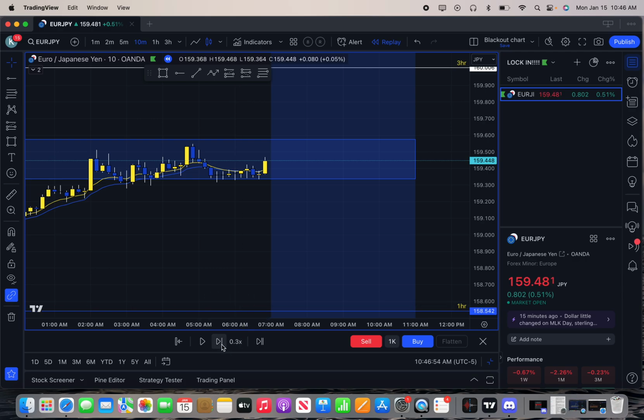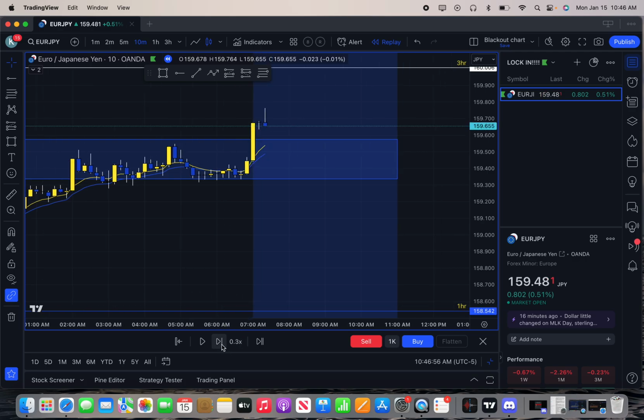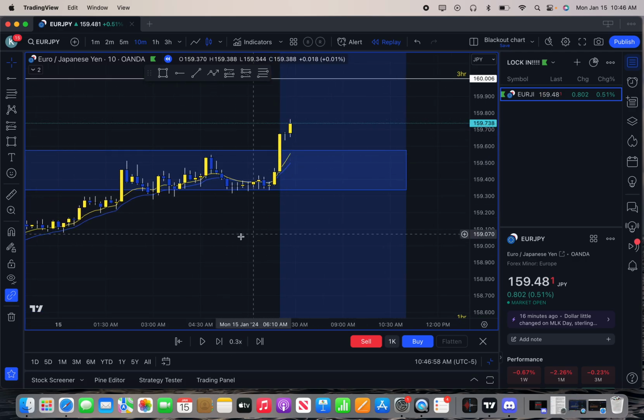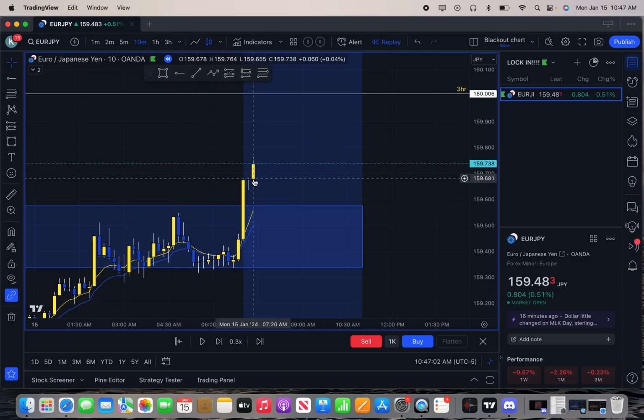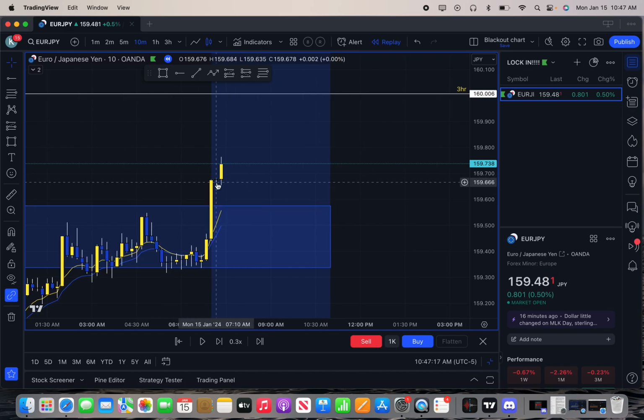Now we got here like a couple minutes ahead, right? So what we see right here is it is about 7:20, 7:25. So we see that the 10 minute has impulse to the upside. Now the thing is, until price closes past this zone on the 1 hour, which would be at 8 o'clock, everything uptrending is low probability.